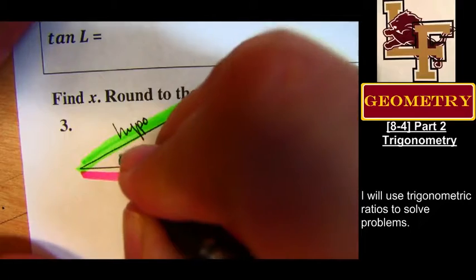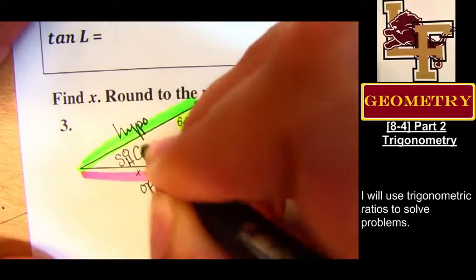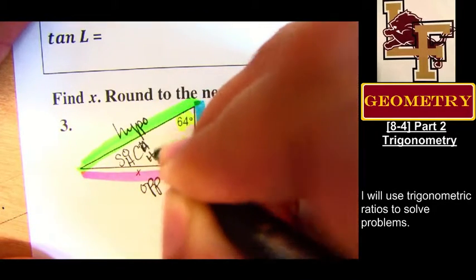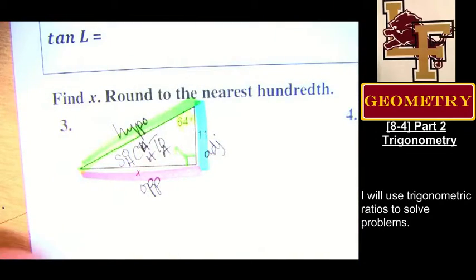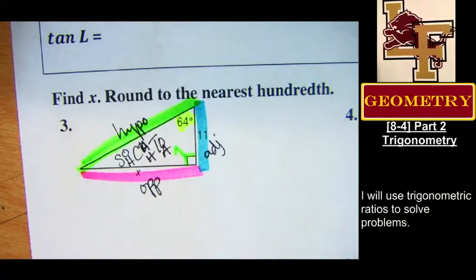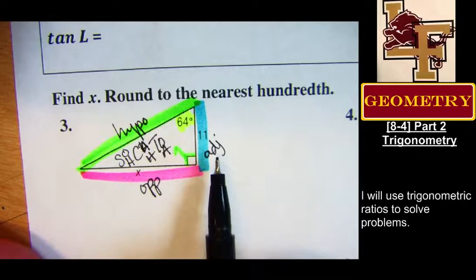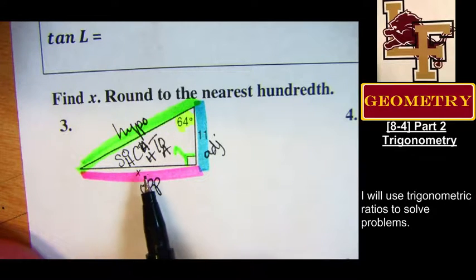All right, let's call on our hippies. Some old hippie caught another hippie. And let's figure out which of these 3 items we have the information for. We have information on opposite and adjacent. Which one of these 3 uses opposite and adjacent?